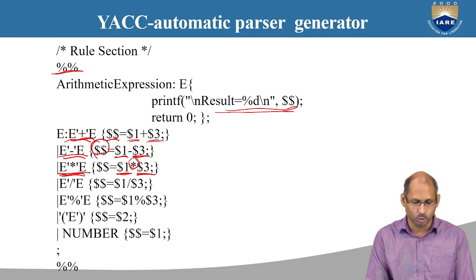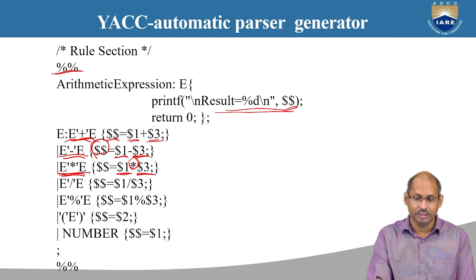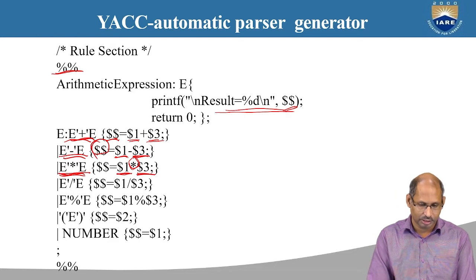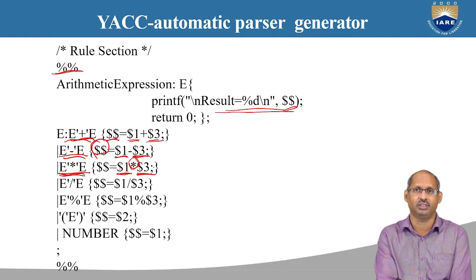That will be stored in this result and used in the printf statement. The multiplication is the value of the first one into the value of the third one.